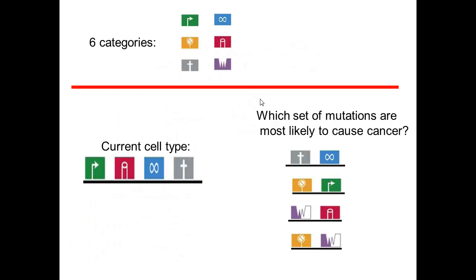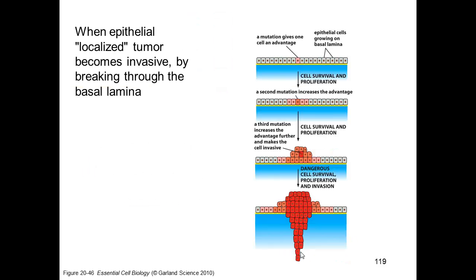To demonstrate this process, if we had a cell that had 4 mutations in it and we had to figure out which 2 mutations would be most likely to cause cancer, we would be sure to see that we have all 6 of the categories, and we see that this here is the mutation set that would complete that and produce the most aggressive phenotype.